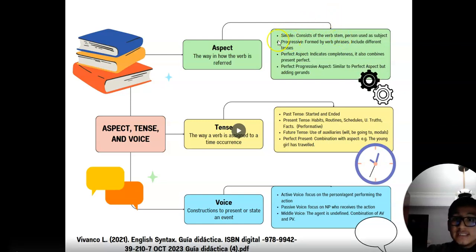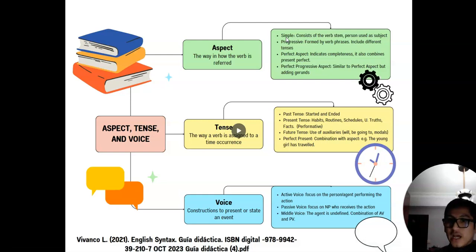In this simple aspect, the construction will be adding s in the present and adding ed in the past. That will be the grammatical construction.